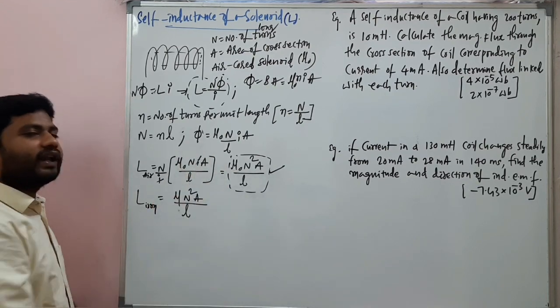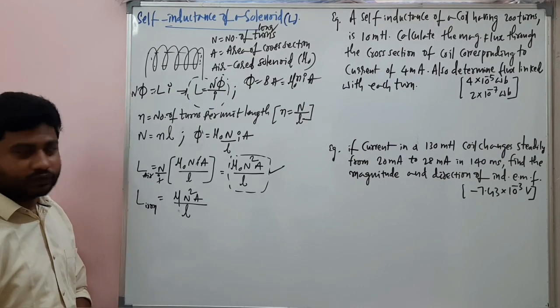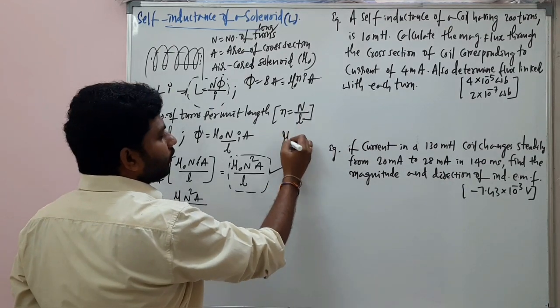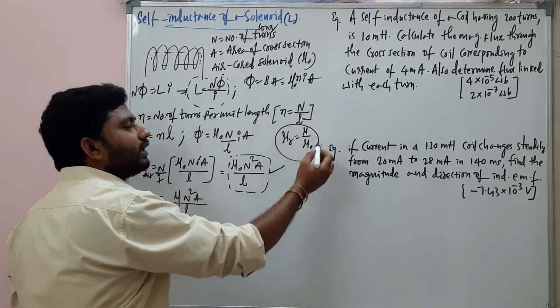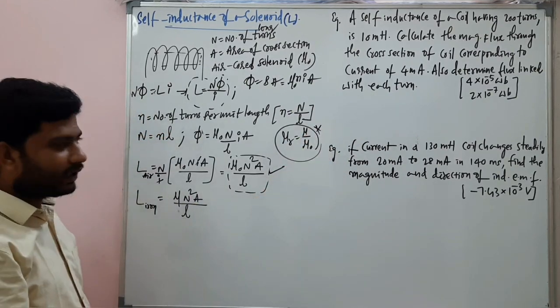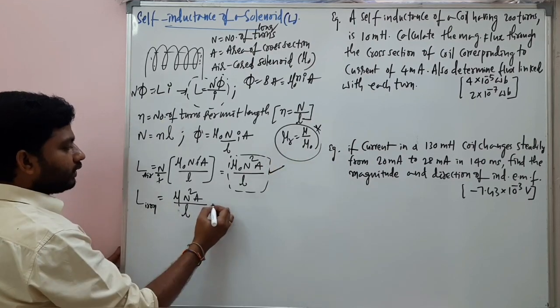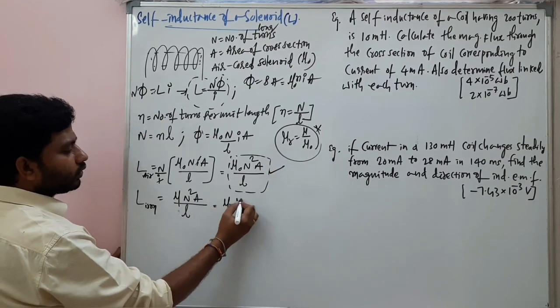But the mu naught value, you know. The mu value we don't know. For that, we know mu r is equal to mu by mu naught, the relative permeability. From this, mu will be mu r into mu naught.